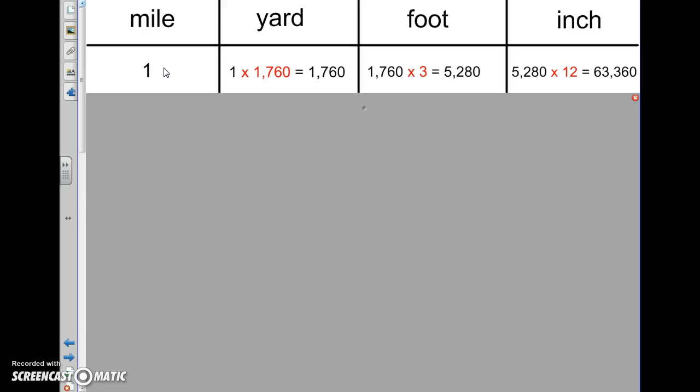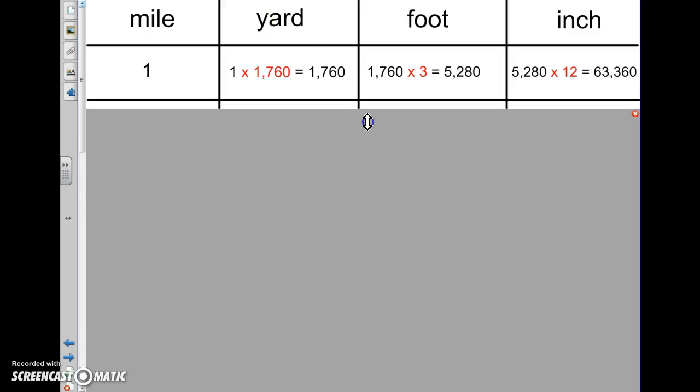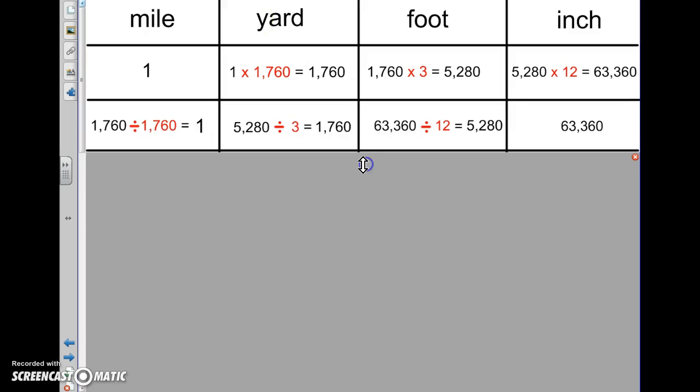So what operation do you think we are going to use if we want to take a smaller unit of measurement and convert it to a larger unit of measurement? That's right, division. Because division is an inverse operation of multiplication, we're going to do basically the same thing as what we worked on yesterday, except we're dividing the number that we're given.